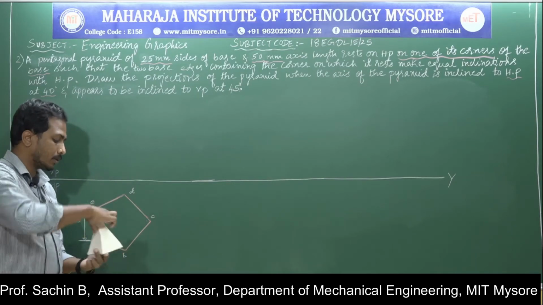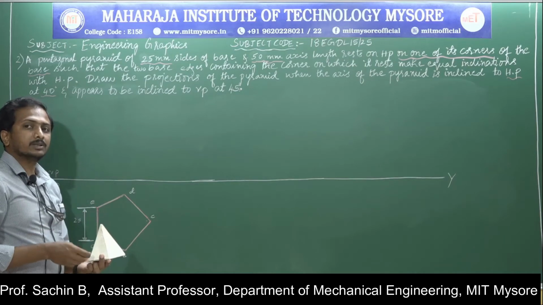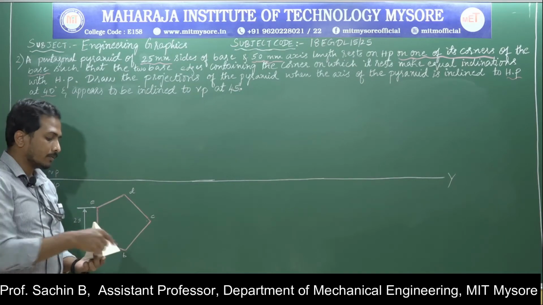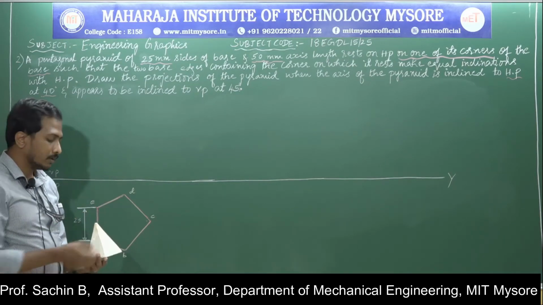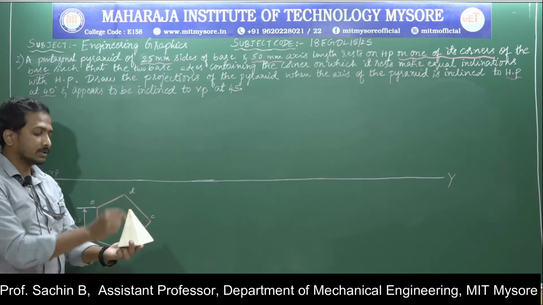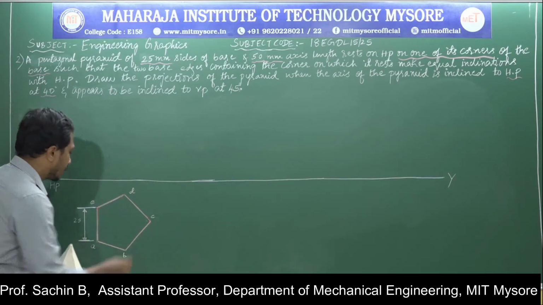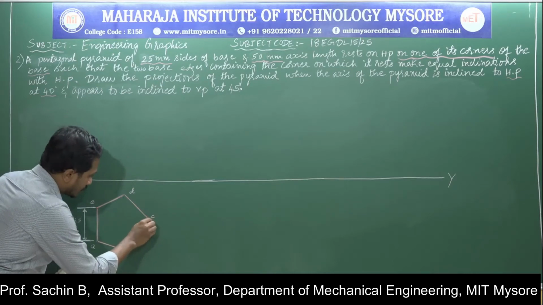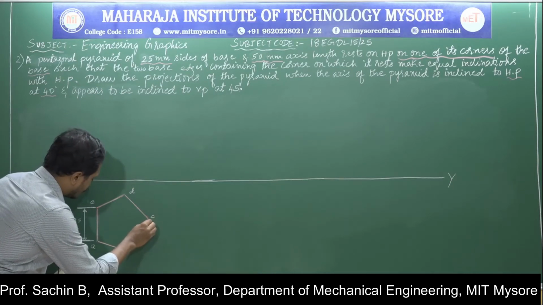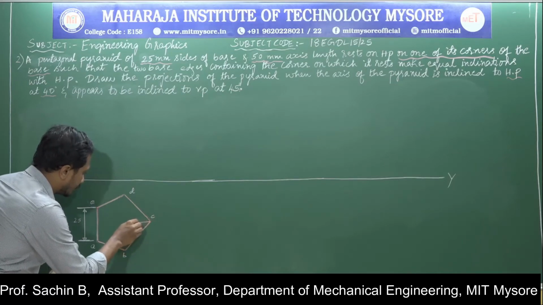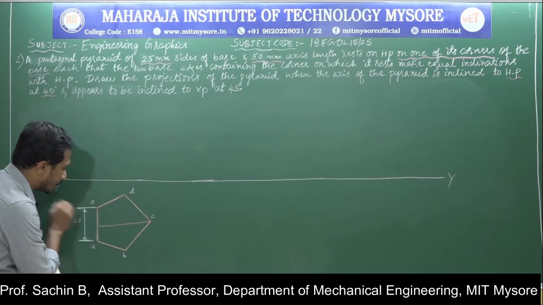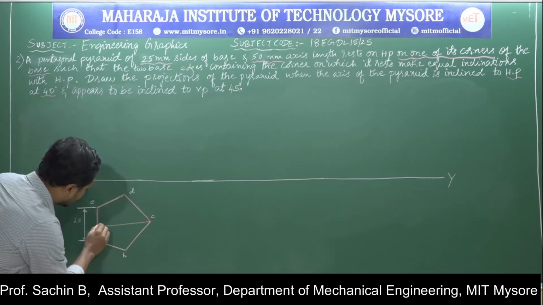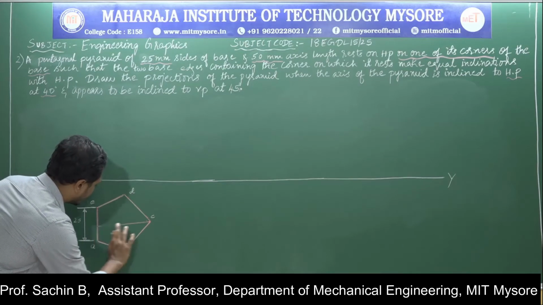If I look at it from the top, all the base corners are clearly visible, the base edges are clearly visible, and also the slant edges that are connected to the apex are clearly visible for me. For that, first I will draw a thin line from C to the midpoint of AE.